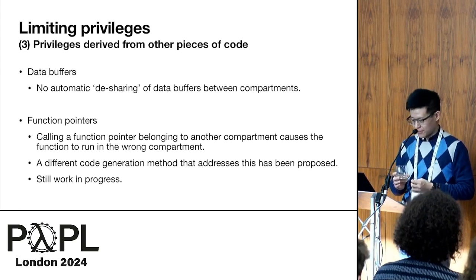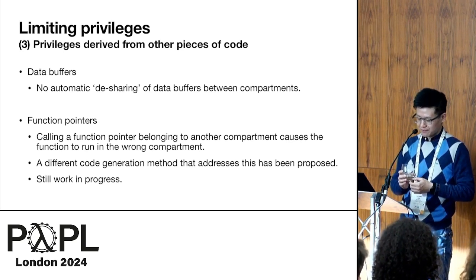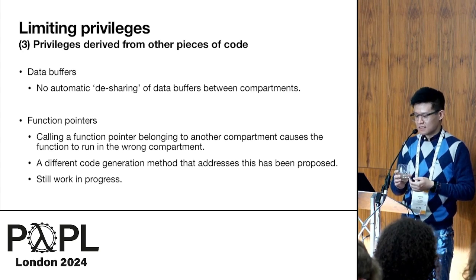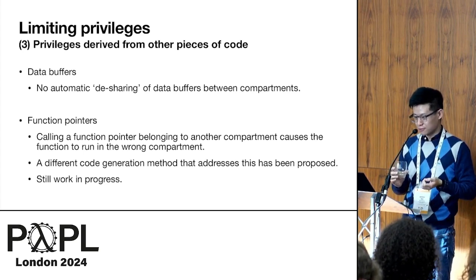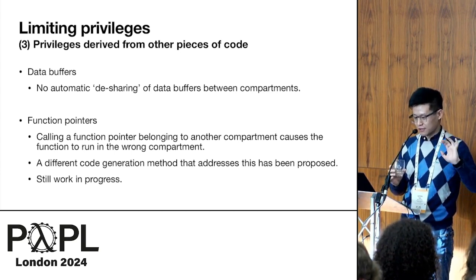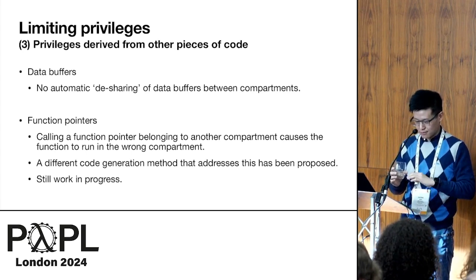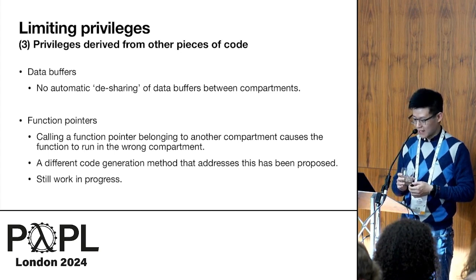But for function pointers, we do have a solution. Imagine you pass a function pointer to another compartment. If you don't do anything about it, when the other compartment calls the function pointer, you will basically run another compartment's code in your own compartment, which will break the isolation very badly.